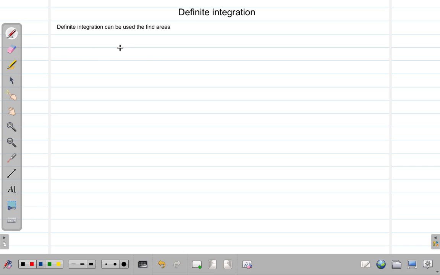When you integrate a function, say you have the integral of f of x with respect to x, this is indefinite integration. Indefinite integration is indefinite. Why? Because you did not define any boundaries of the integral.